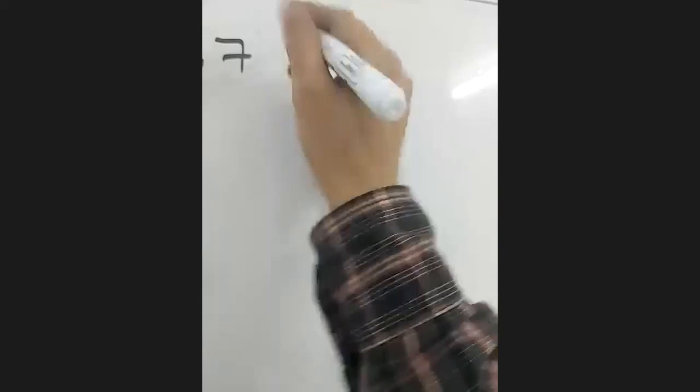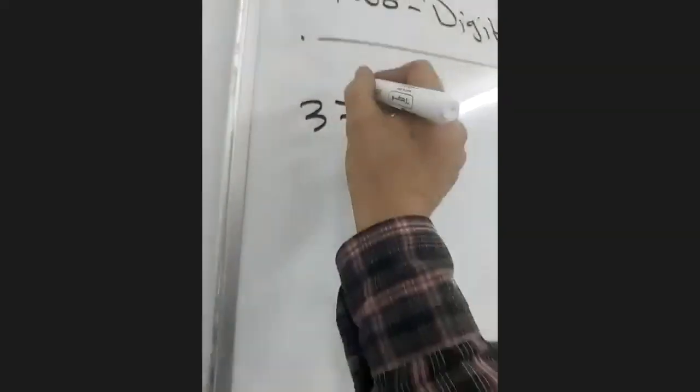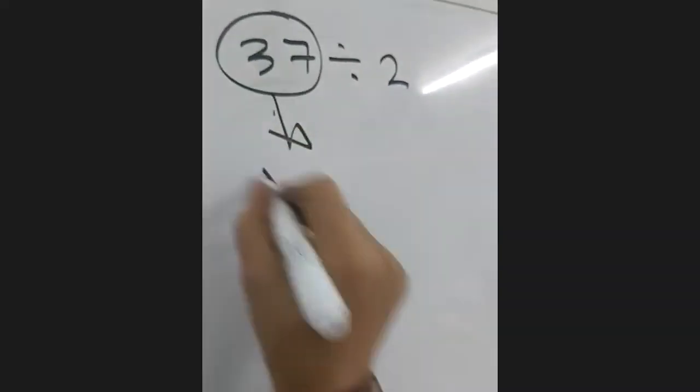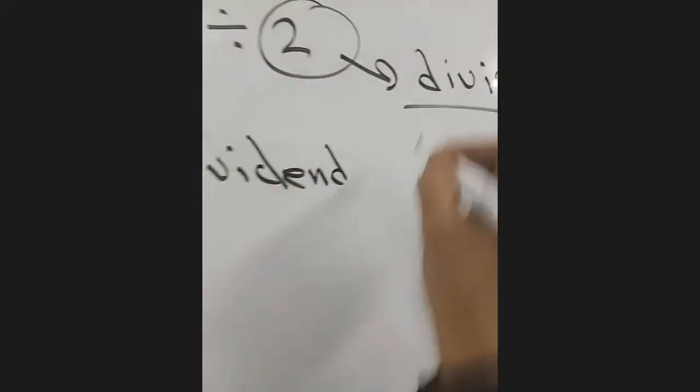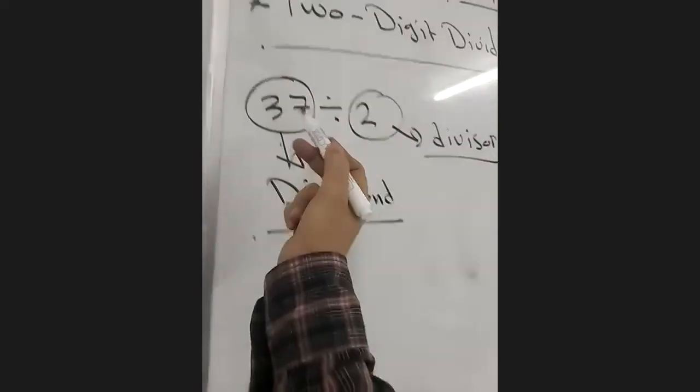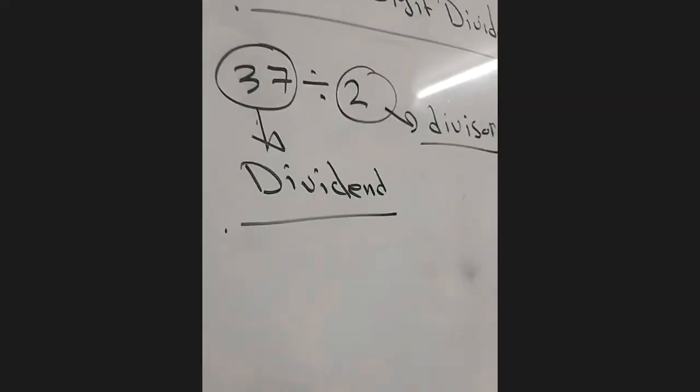We'll take kinds of these questions. This, we call it dividend, guys, and this, we call it divisor. Now here we have 2 digits and here we have 1 digit.